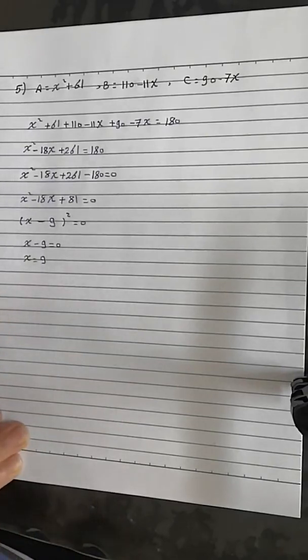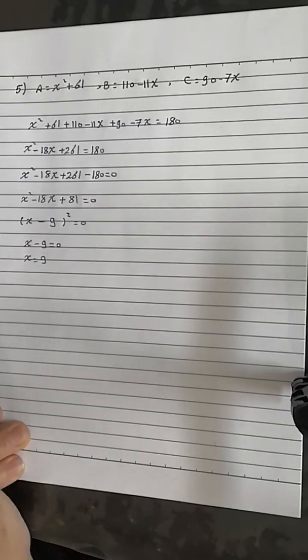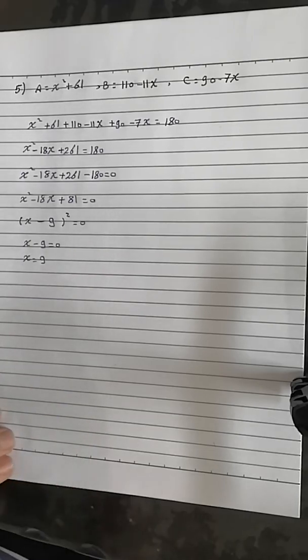Number 6. Hatem is 4 years older than Hanan now, and the sum of squares of their ages now is 26. Find their ages now. Let's see how we can do it.